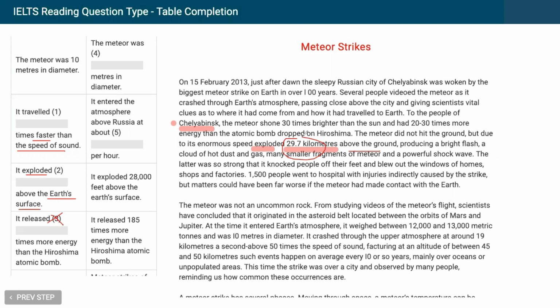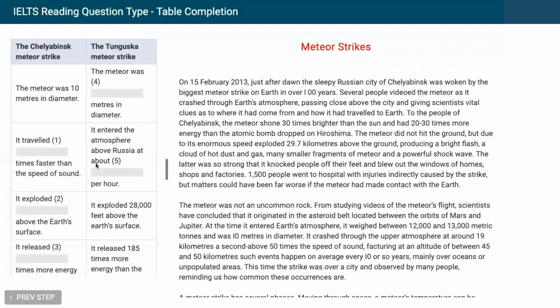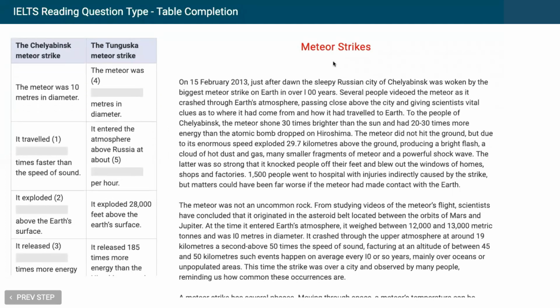Now, keep in mind that 29.7 alone would not be the correct answer because, again, we were looking for a distance. And this is what the instructions mean when they say no more than 2 numbers and 1 word. So in this case, the word is kilometers. So again, just to highlight that off, 29.7 kilometers.